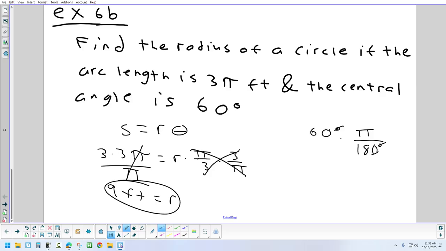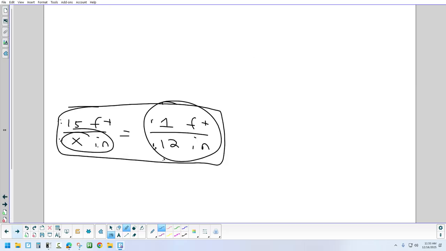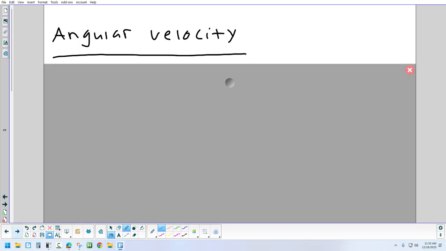Okay, any questions on that one? All right, so next thing we're going to look at is what's called angular velocity. We already have an idea that velocity is speed; it measures how fast something's going.